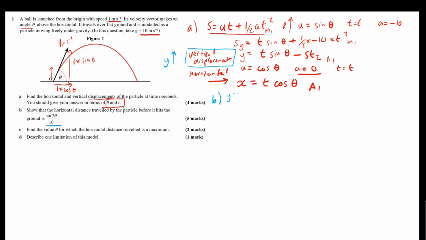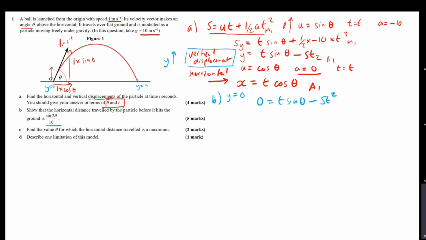So y equals 0 here, because that makes sense, y equals 0 at this point, and y equals 0 at this point. So we should know it's 2 answers, and this is modelled as a quadratic, isn't it? A negative quadratic. So we're going to get 2 values. So we can set that to 0, what we wrote above. y equals t sine theta minus 5t squared.